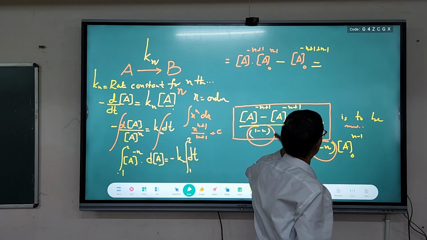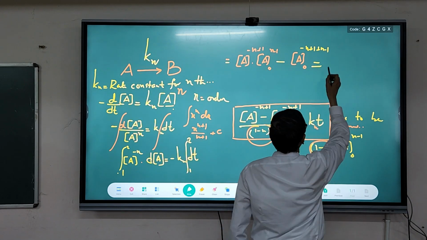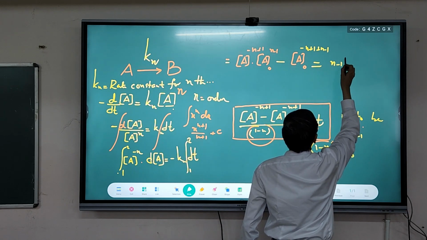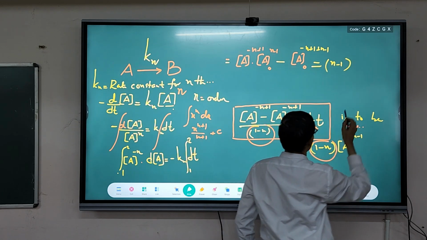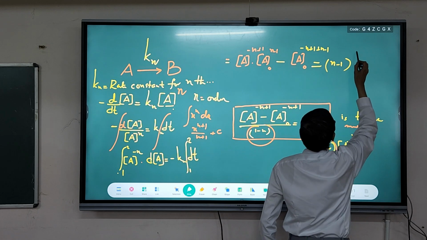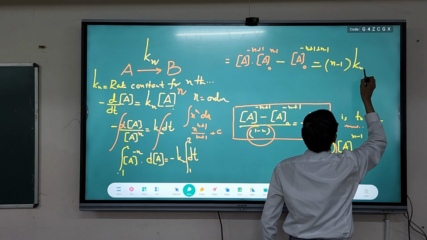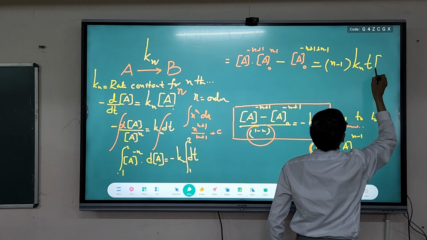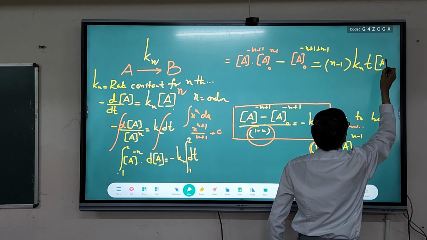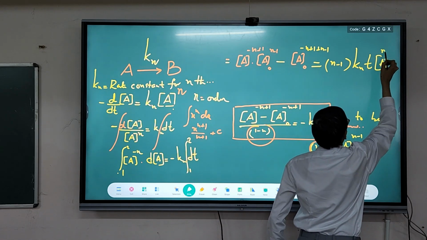I want to remove this minus to avoid all these things, so it will be (n minus 1) kn t A0 to the power n minus 1.